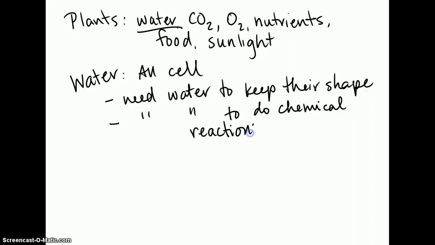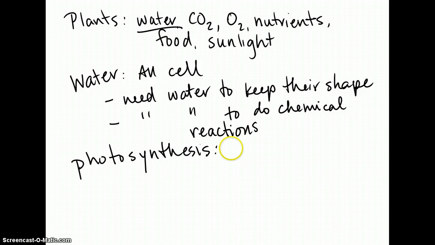And the most important chemical reaction that the plant needs to do is a chemical reaction called photosynthesis. So photosynthesis is where a plant makes its food, specifically making glucose.